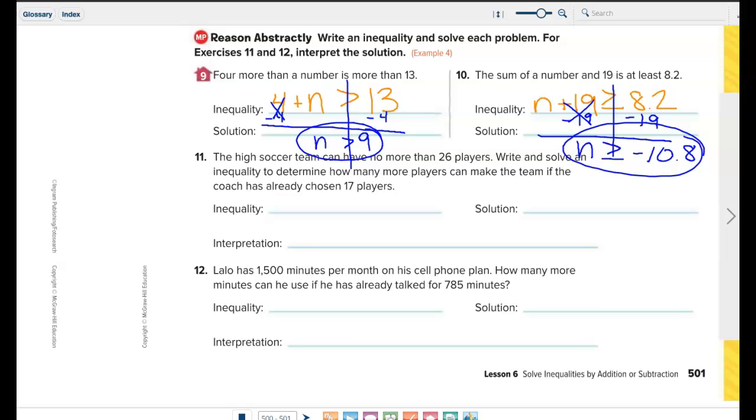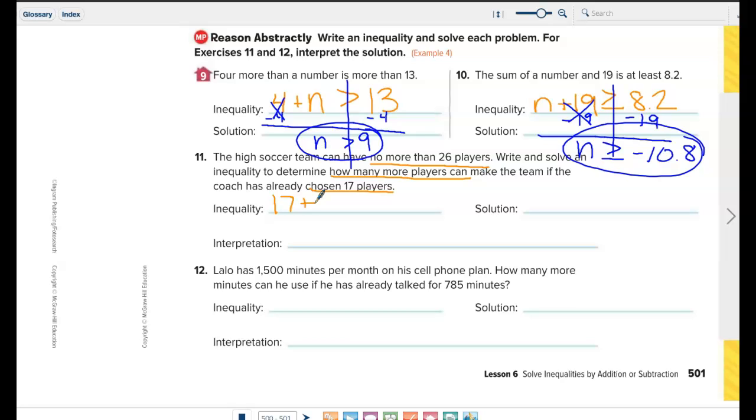All right, number 11: the high school soccer team can have no more than 26 players. We need to write and solve an inequality to determine how many more players can make the team if the coach has already chosen 17. So we're going to start off with what we know. There's already 17 players on the team. But we could add a few more players.